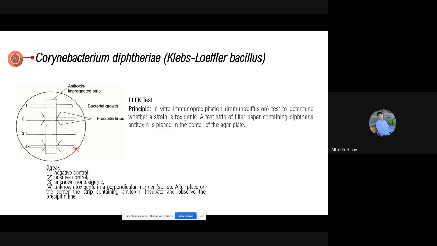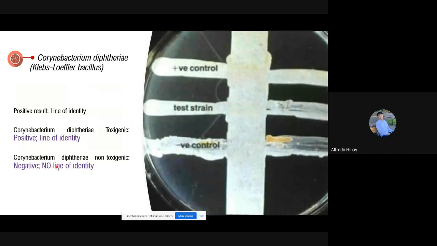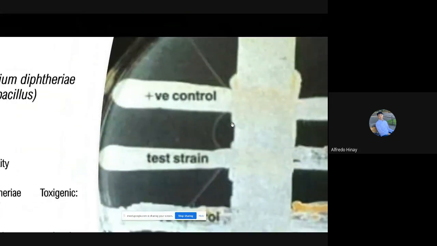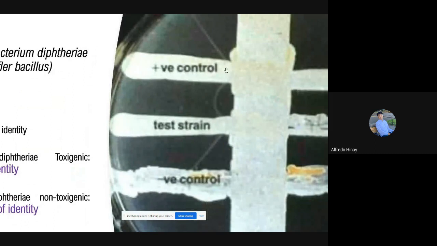Pag nagkakaroon tayo ng line of precipitin, okay, it means that the organism is identical and or positive. So one best example to understand that one class is this one. If you can observe here, this is your negative control. Then may positive tayo, tapos may test strain, tapos may negative control.